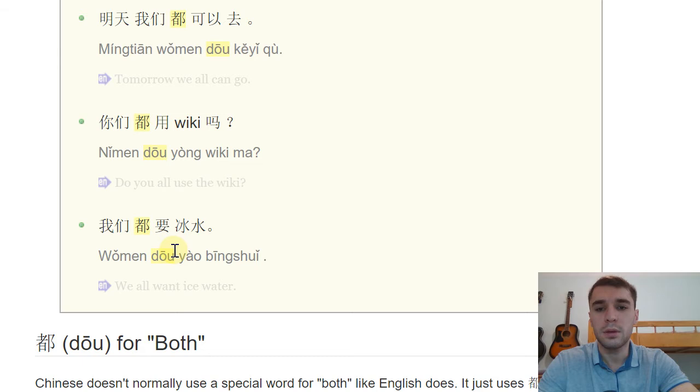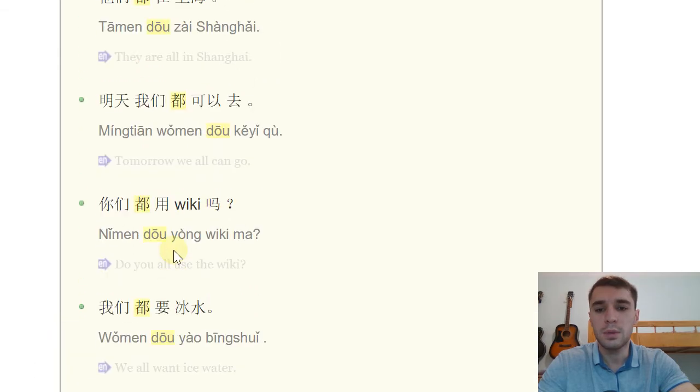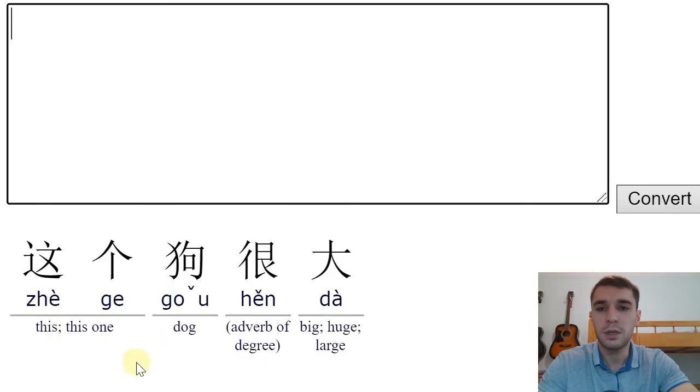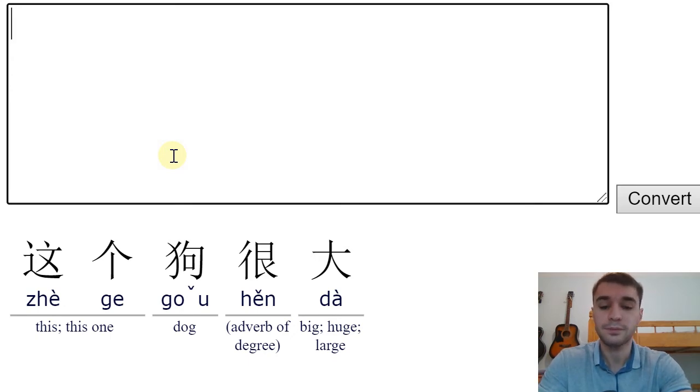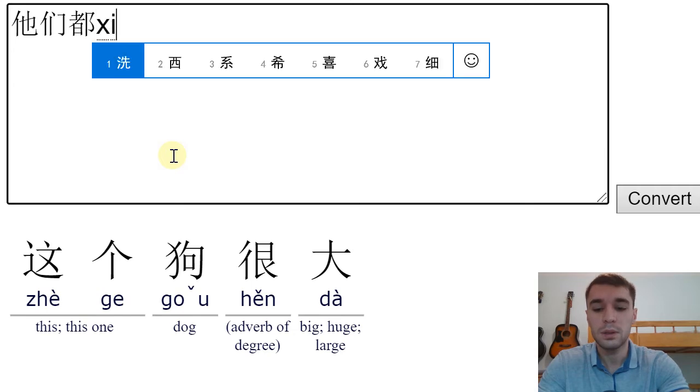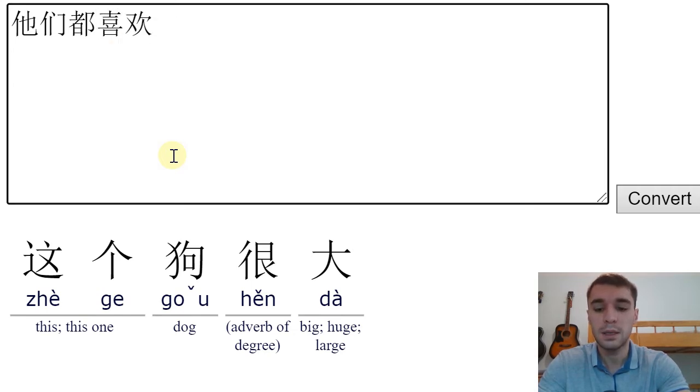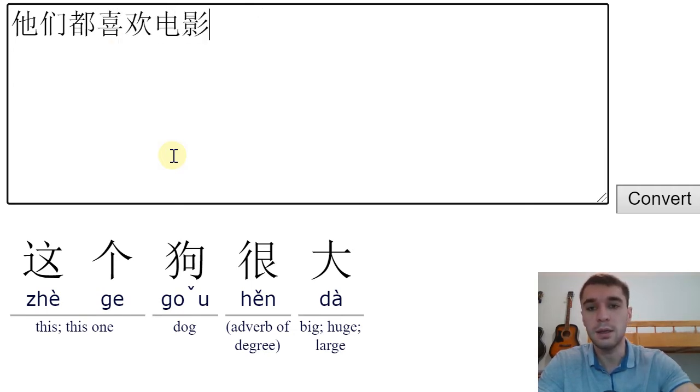Okay, I think you got it. Let's think about some examples. For example, can you say for me, they all like movies. 他们都喜欢电影.